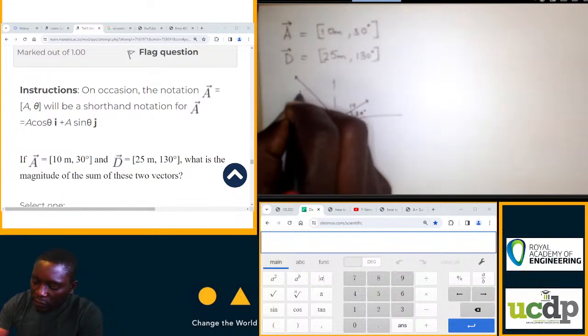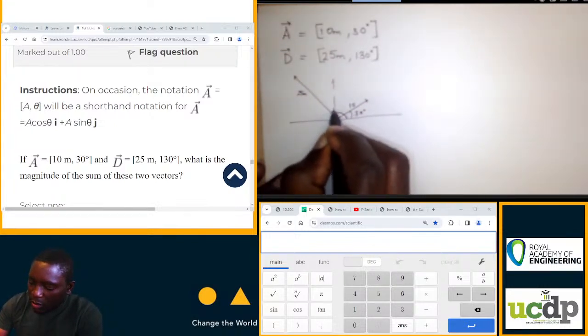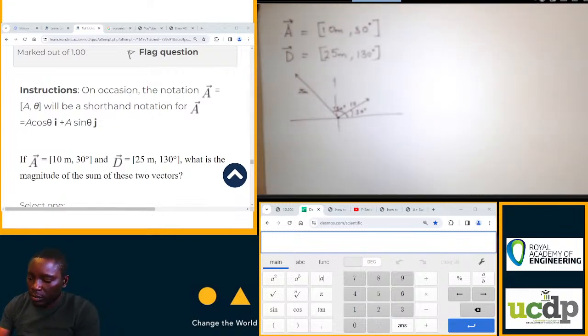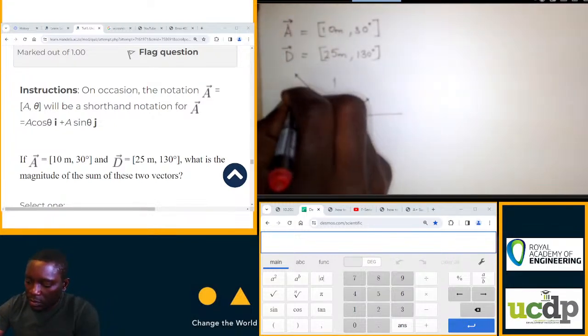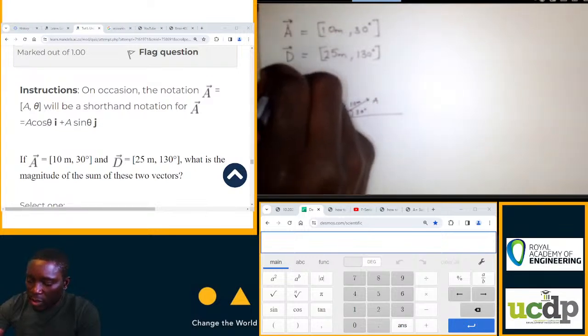So you have 25 meters, and the angle there is 130. So this is vector A, this is vector D.